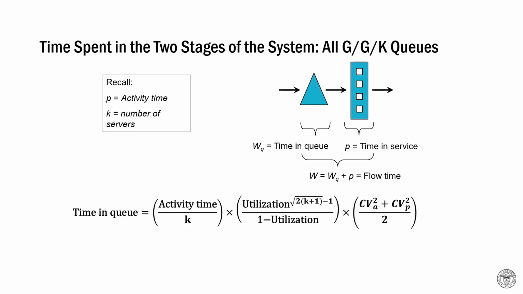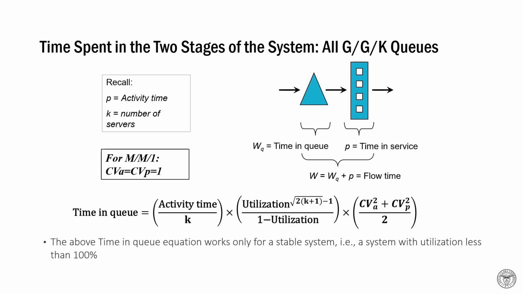We can calculate the time in queue using the formula: activity time divided by K, multiplied by the quantity of utilization to the power of the square root of 2 times K plus 1, minus 1, all over 1 minus utilization, times the quantity of CVA squared plus CVP squared all over 2. This equation is good for all GGK-queues.